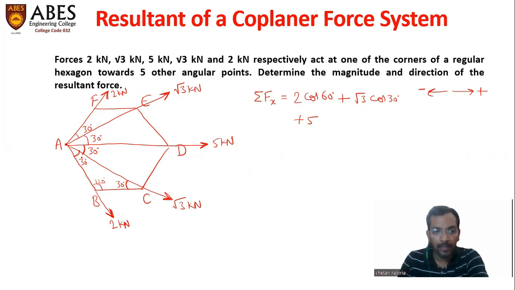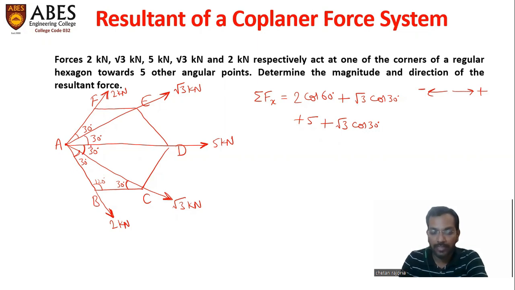Now the horizontal resolved part of the next force, √3 kilonewton, once again acts towards the right hand side. So once again plus √3, and inclination of this force is again 30 degree, cos 30 degree. And the last force, once again 2 kilonewton, and the inclination with the horizontal is 60 degree.